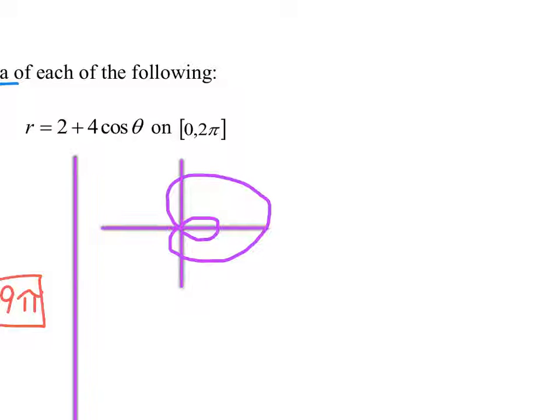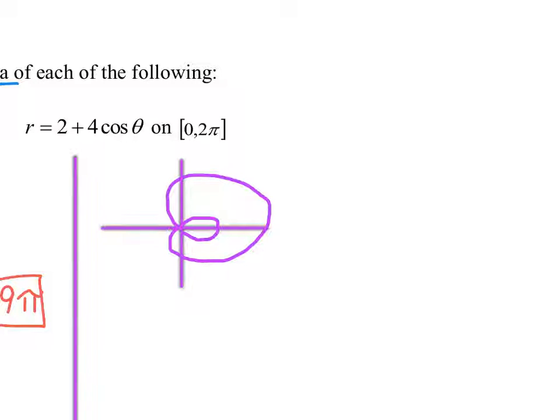Sometimes watching the graph actually be generated on your calculator gives you a sense in and of itself. But we could also solve for it. We know this graph is going to go through the pole. If you actually watch it get graphed, you'll see it'll start here, go through the pole, wrap around, and then finish up here.